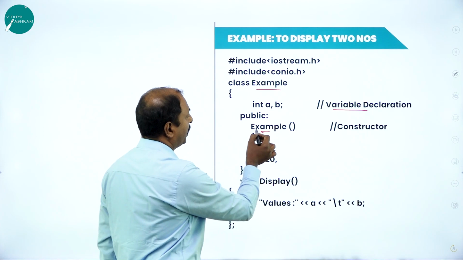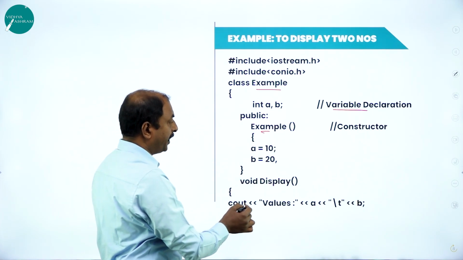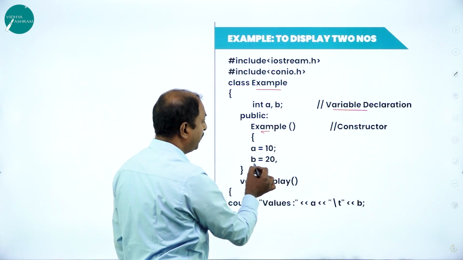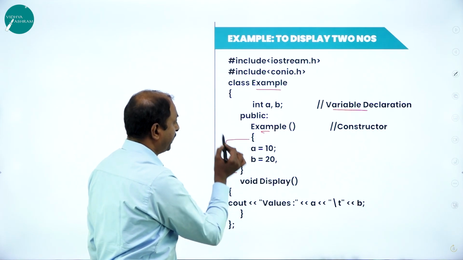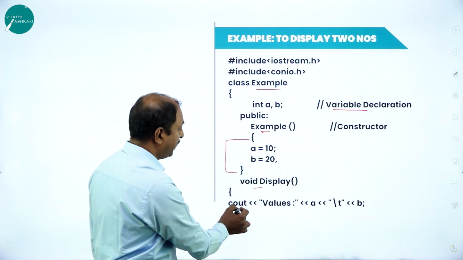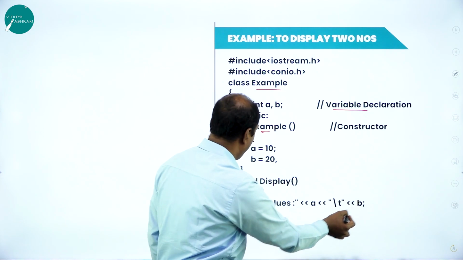Here we are defining the constructor inside the class, and we have given the values for these variables, a equal to 10, b equal to 20. Then we close the constructor here. Then void display is another function, where we are displaying the values of a and b.